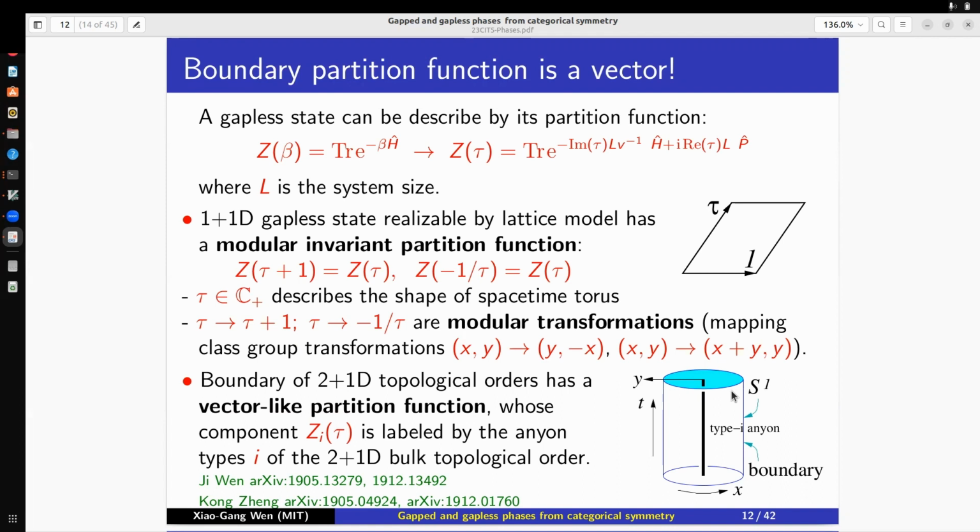That's we say topological order describes symmetry. Then the boundary of the topological order will be the corresponding system with that symmetry. So this is symmetry and topological order relation. It's really a boundary-bulk relation. This really describes the boundary with the symmetry corresponding to the boundary of a bulk topological order.